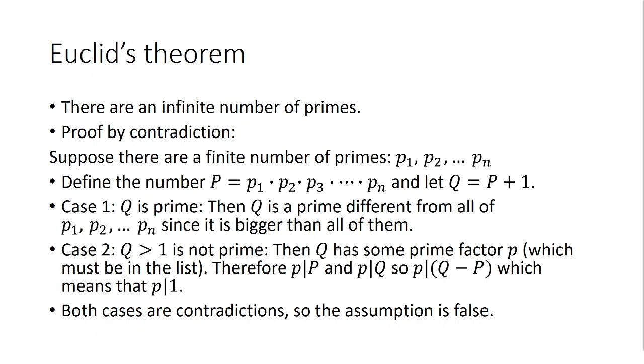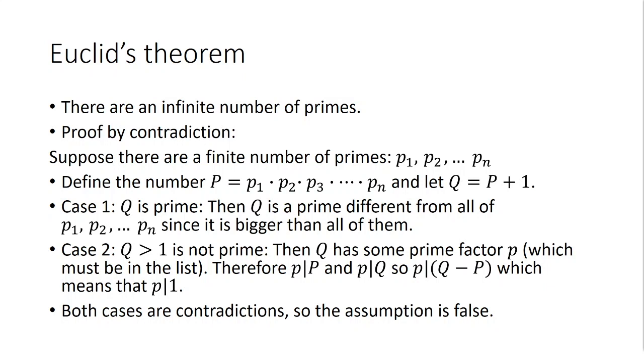We can define a number P that is p1 multiplied by p2 multiplied by p3, and so on up to pn. And we can set another number Q that is P plus 1.